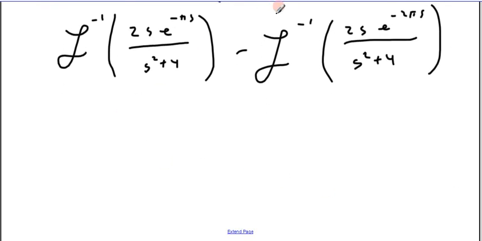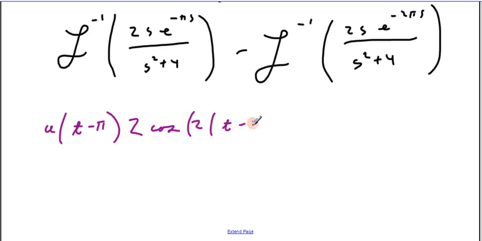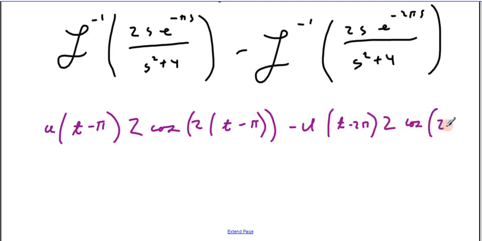And I'm going to end up with unit step function t minus pi times 2 cosine 2 t minus pi, minus unit step. So that's the first guy. That's that guy there. Unit step function t minus 2 pi, 2 cosine 2 t minus 2 pi. And that's my final answer.